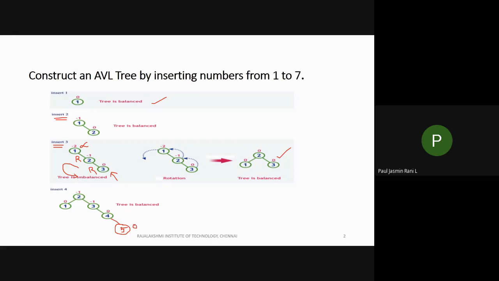Next, for the 4 node, you have to update your balance factor, so here you will have -1. Again, for this 3 you have to update the balance factor as -2. I hope you follow this. Left side you don't have any elements, right side you have 2 levels. Therefore, 0 minus 2, you get the answer -2.